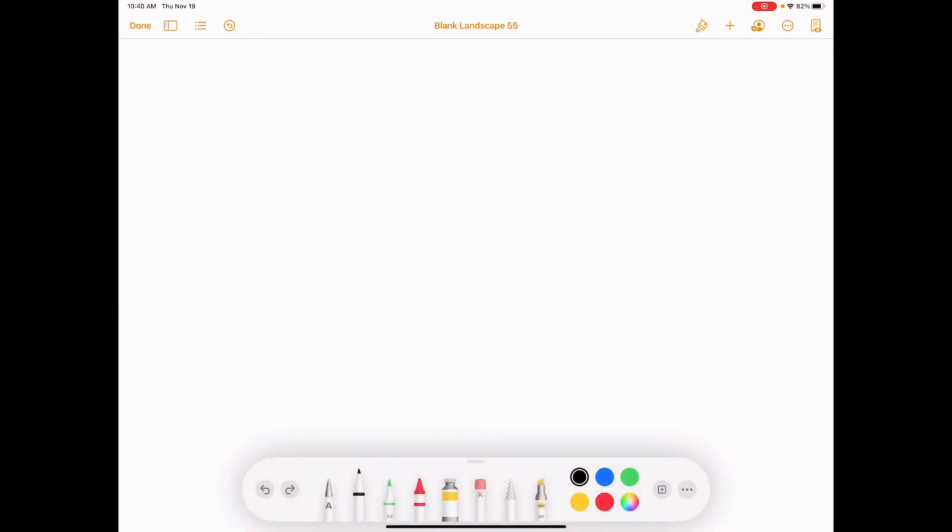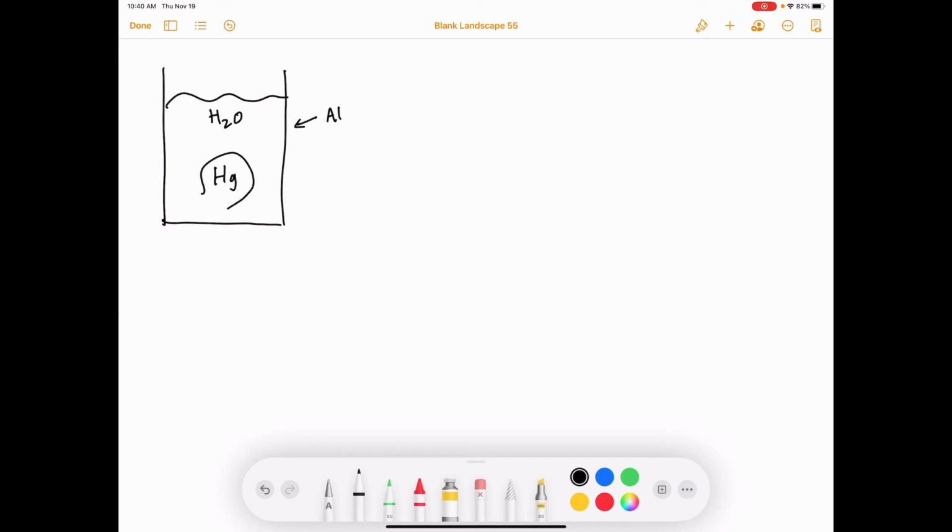So let's start by drawing a picture of what's going on. The calorimeter cup is made out of aluminum, so that's Al, and it's filled with water, H2O. And then what we do is we put this sample of mercury, which is Hg, into the water. And then it melts, and then eventually the entire system we see here reaches thermal equilibrium. Everything has the same final temperature.